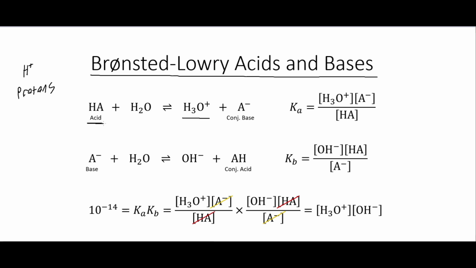So this is the acid reaction. Our strong acid, this A is being generic. It could be something like chloride in hydrochloric acid, or a sulfate in sulfuric acid. That A is just a generic acid there.